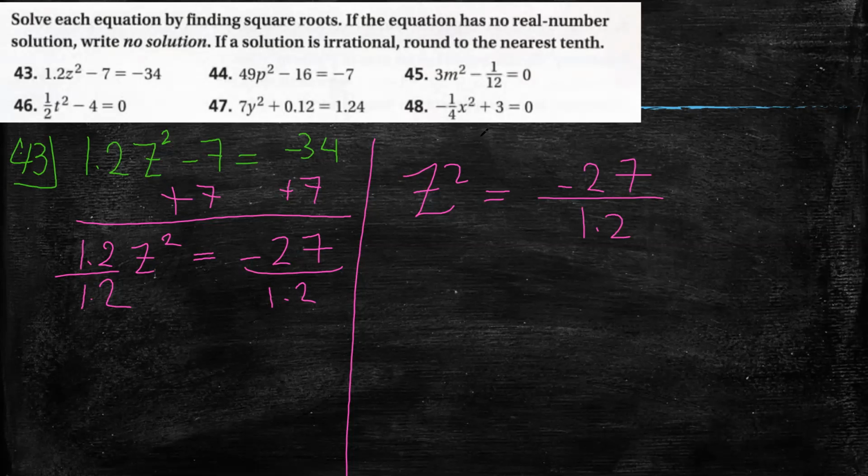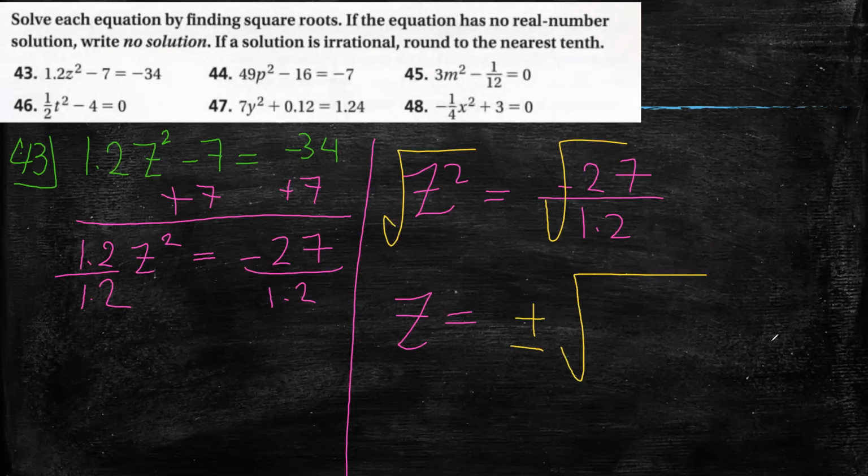Now, since the calculator is not allowed, you can tell me that z is positive or negative the square root of 27 over 1.2.